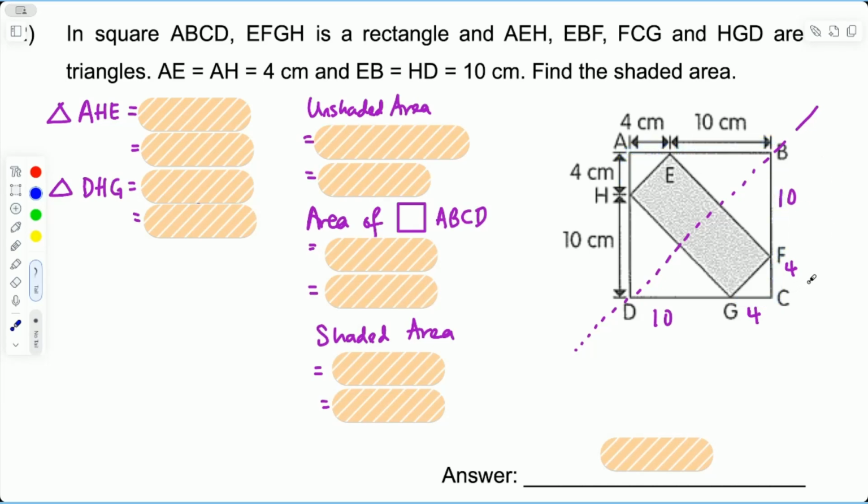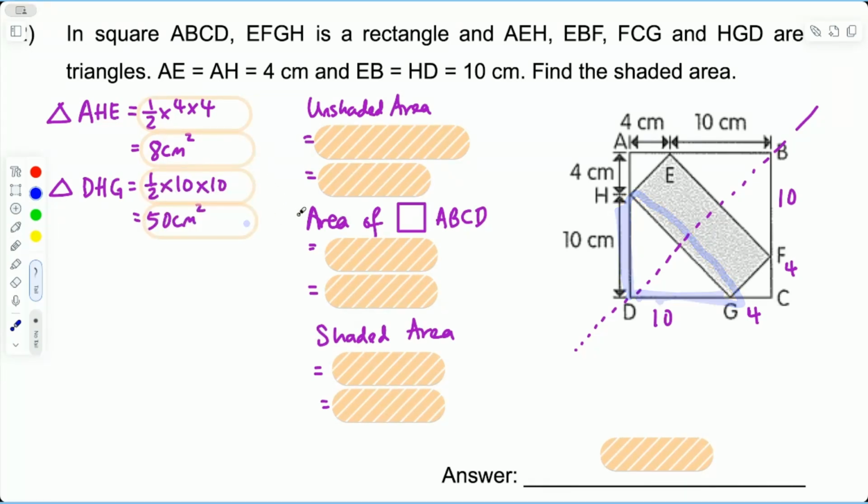With that, we are able to find the area of all the unshaded triangles inside the square. The area of triangle AHE will be half times 4 times 4. That gives us 8 cm squared. The area of triangle DHG will be half times 10 times 10.